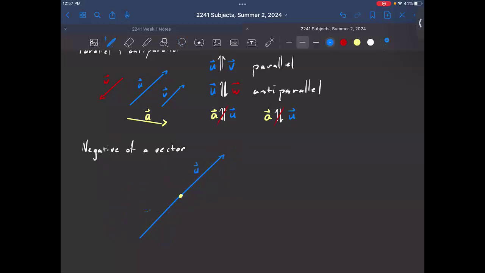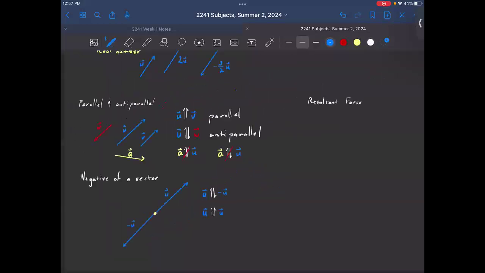Our vector minus u points in the opposite direction. Given what we just wrote down for parallel and anti-parallel, u is always anti-parallel with minus u, and u is always parallel with itself. So just good things to note.